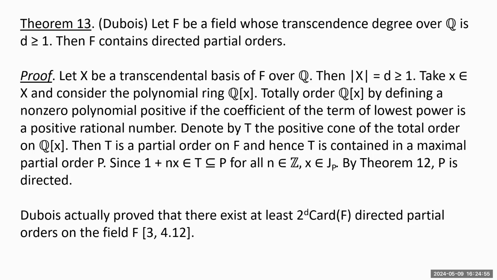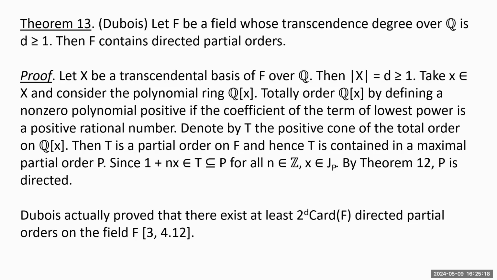So this T is contained in a maximal partial order. Now 1 plus X to any integer power will be in T, because the lowest term coefficient is 1, always positive.